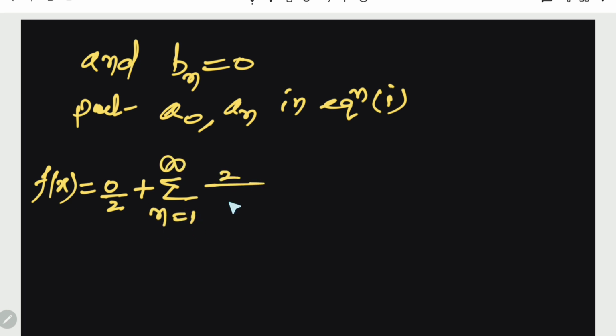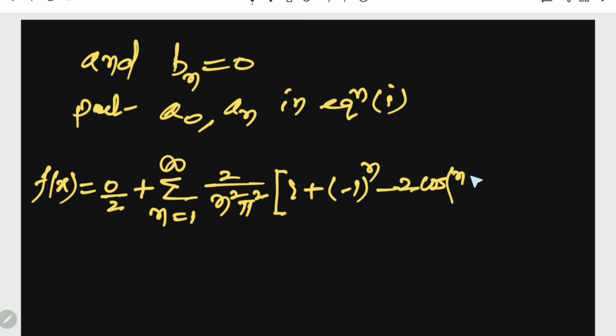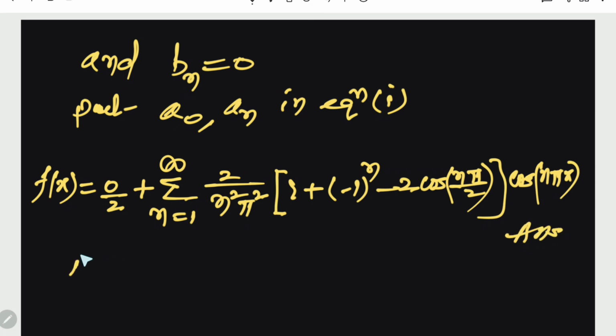The value of an is 2 upon n square pi square in bracket 1 plus minus 1 raised to n minus 2 cos n pi by 2, and into cos of n pi x, as the required Fourier series, half range sine series, or the required answer. This is the required half range sine series of that given function.